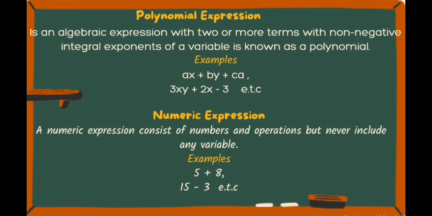Or 5 can stand for the number of students in a class, maybe grade 1, and 8 can stand for the number of students in grade 2. So if you now want to know the total number of students, that is when you have an equality sign. So you have 5 plus 8, and that's going to give you 13. That will be 5 plus 8 equals 13. It has turned into an equality expression, which is called an equation.